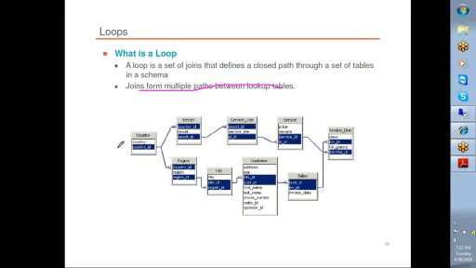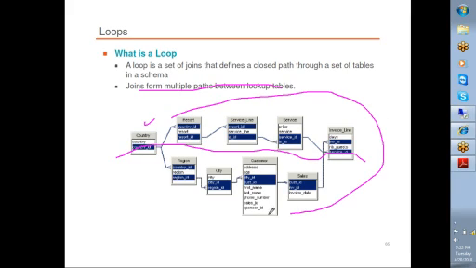So if you consider my earlier definition of a conformed dimension, you'll try and see it this way. See what happened? First of all, this is a loop. The reason is, if you start from this table country, you can actually tread the whole path and then you come back to the same table, because that's how the joins take it back. So it's a loop.